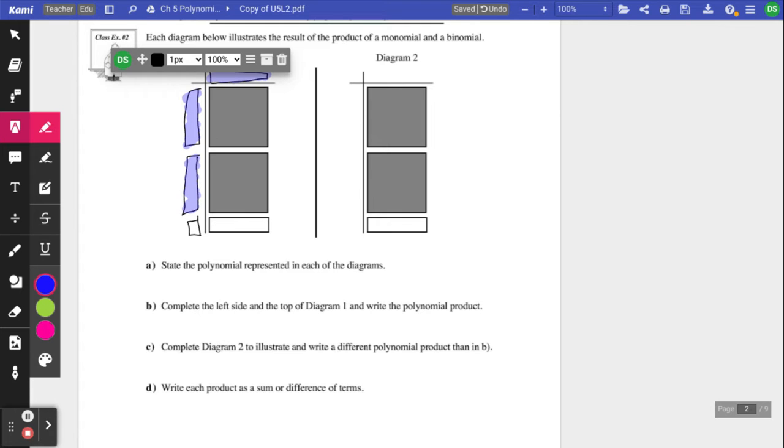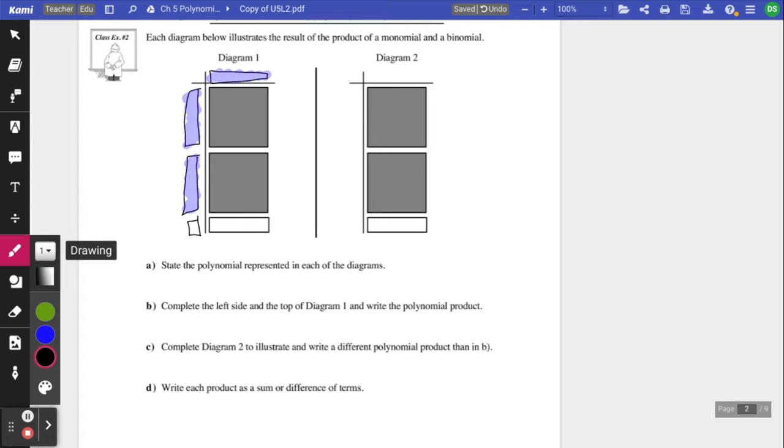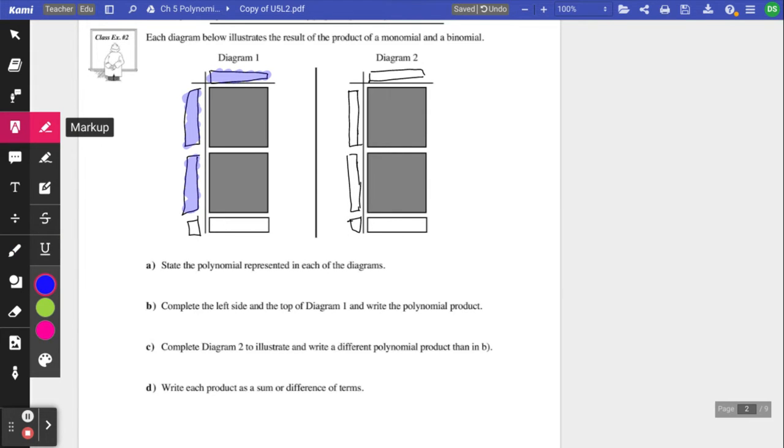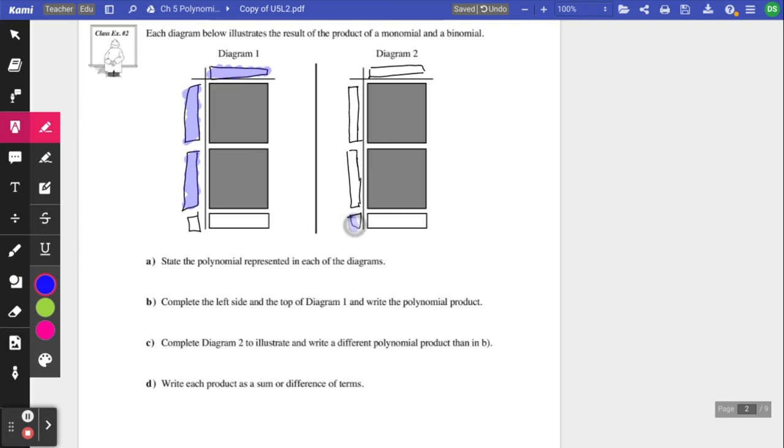But this last unit block would have to be a negative block to end up with a negative. Or the alternative would be do your diagram here. They could both be negative, and then this one would have to be a positive. That would work as well, wouldn't it?